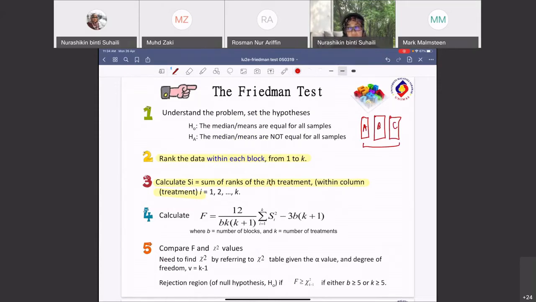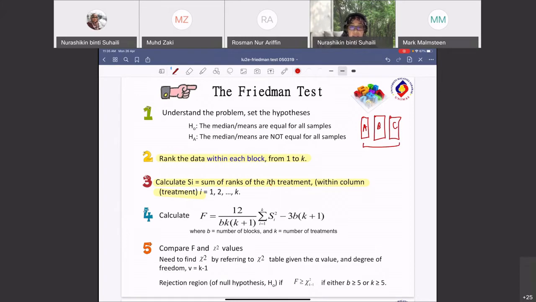It's not sufficient to say that there is a difference in the means of A, B, and C. You have to investigate more where the difference lies. Maybe between A and B, but B and C are similar, because the alternative hypothesis says that at least one of the samples is different from the rest.